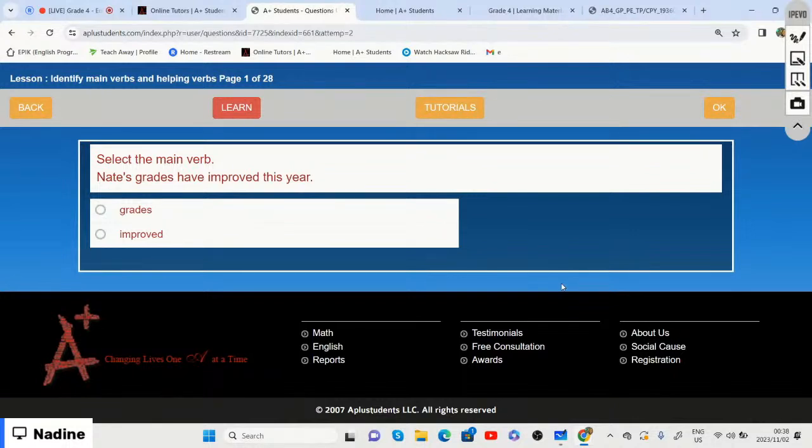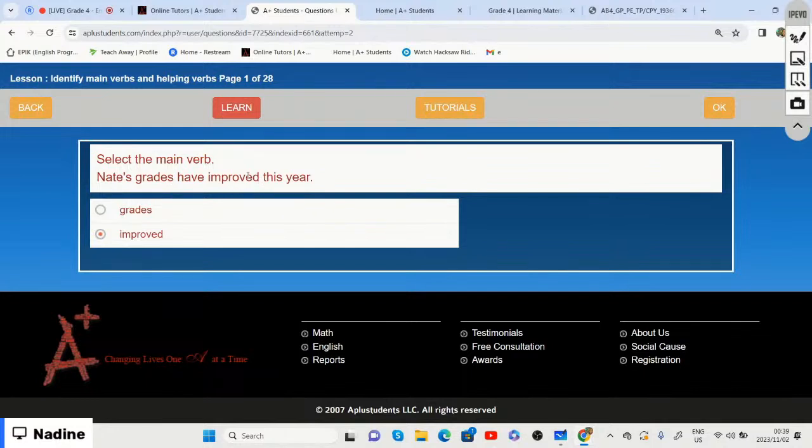Is it grades or is it improved? If we select the main verb within the sentence, then we will select improved, because what happened to Nate's grades?